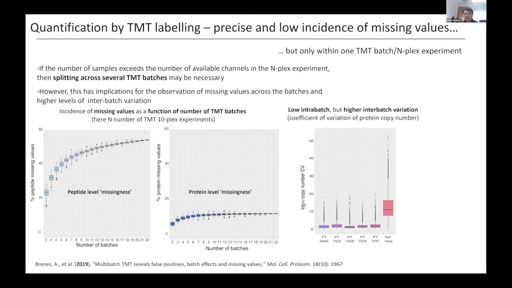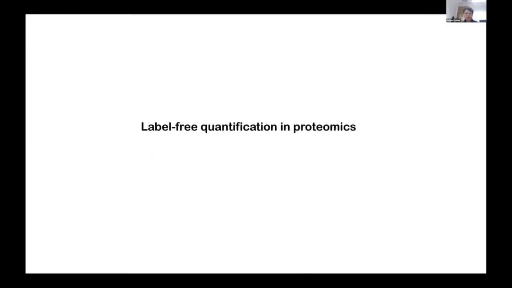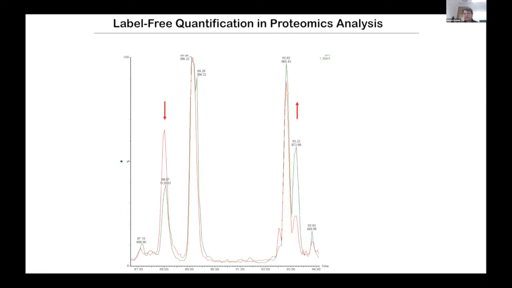Okay, so now comparing both of these labeled approaches to label-free quantification in proteomics. Label-free quantification in proteomics is conceptually very simple. The fundamental idea is that we perform LC-MS analysis, liquid chromatography tandem mass spectrometry, and from this data we can extract traces where each of these lines may correspond to the intensity of certain peptides present in the sample.